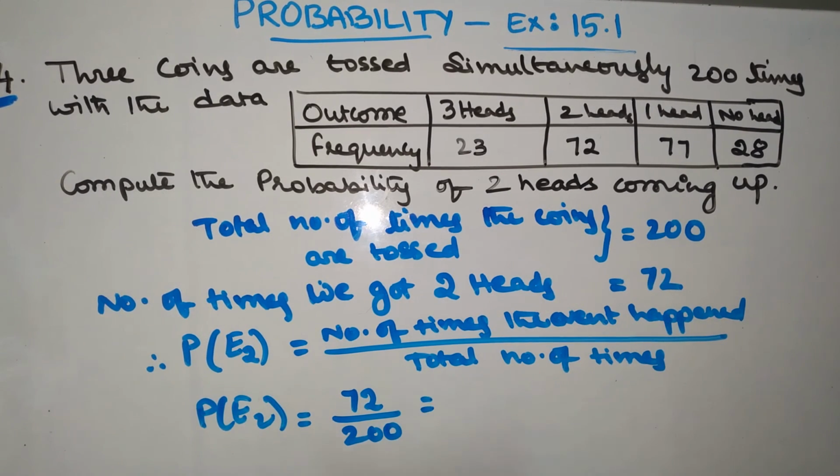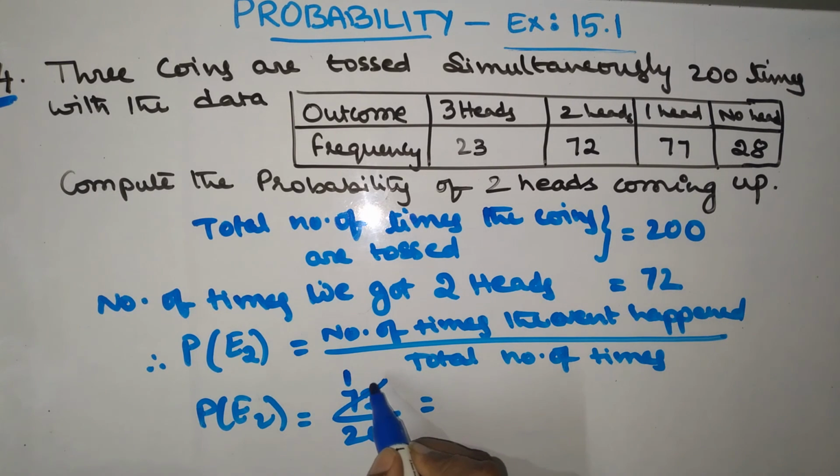That is equals to, when we cancel it out, we cancel with 4. 4 ones are 4 and 32 is there.